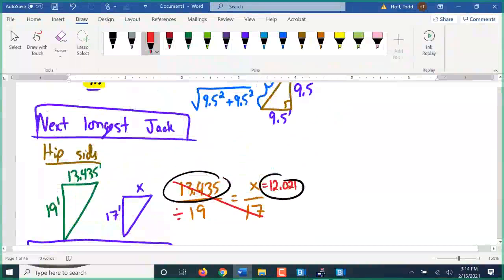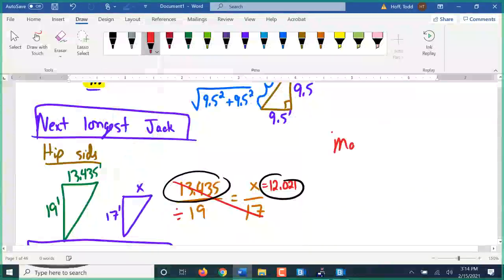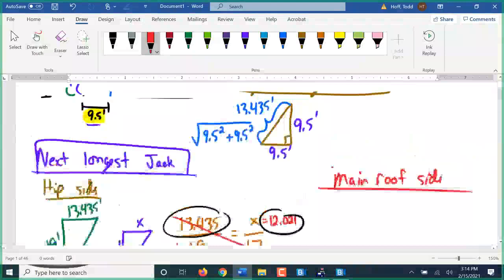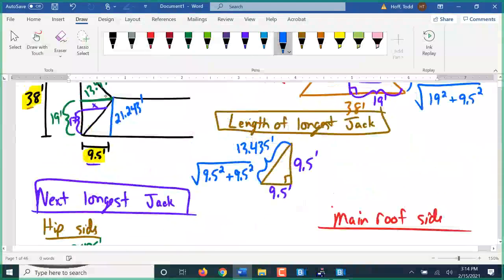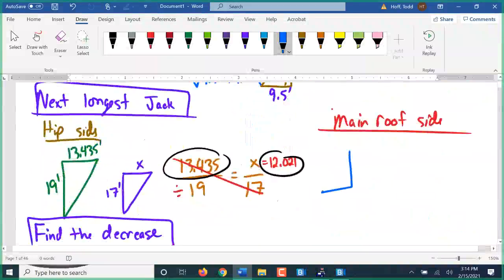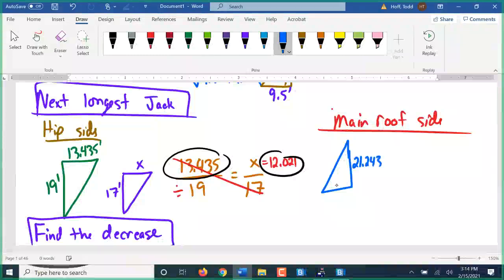Now we have to do the same thing for the main roof side. Main roof side, we have this triangle right here, 21.243. 9.5, that's just our setback.